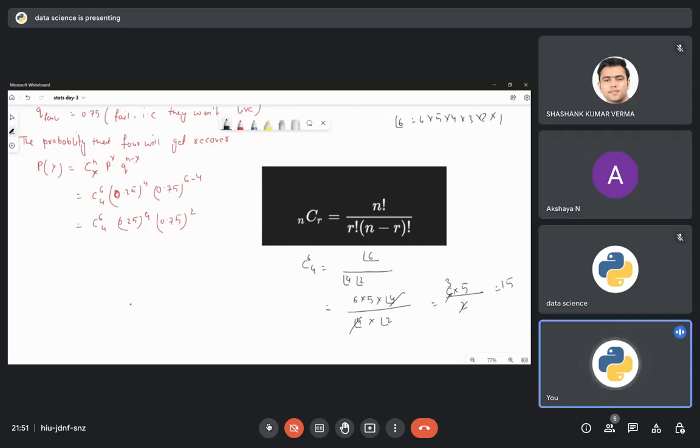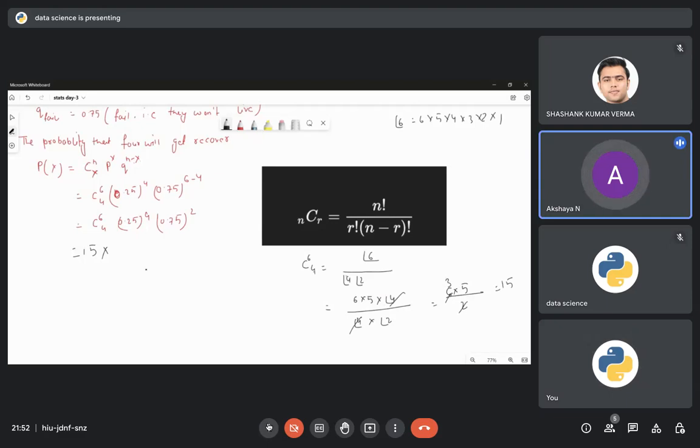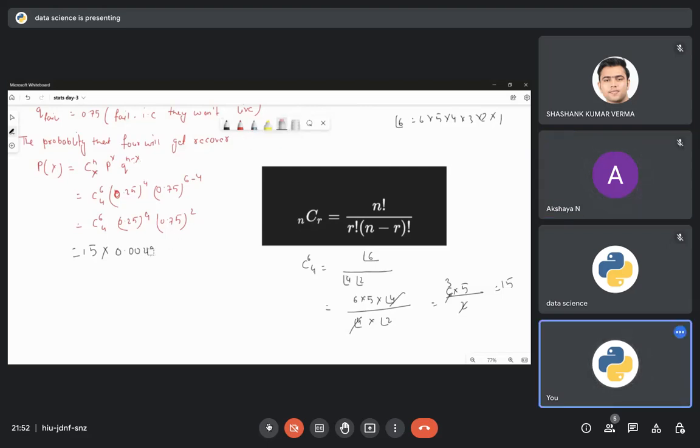So this value will be 15 into, calculate this, 0.25 to the power 4. Okay, 0.0039 roughly, into 0.75 whole square.